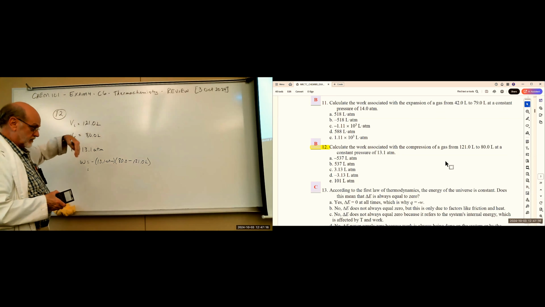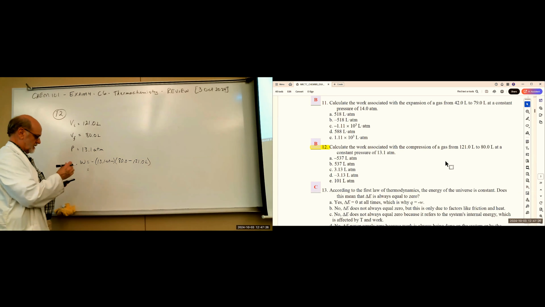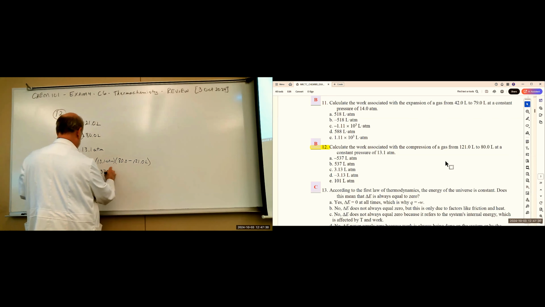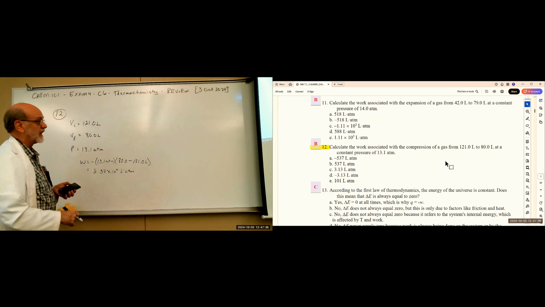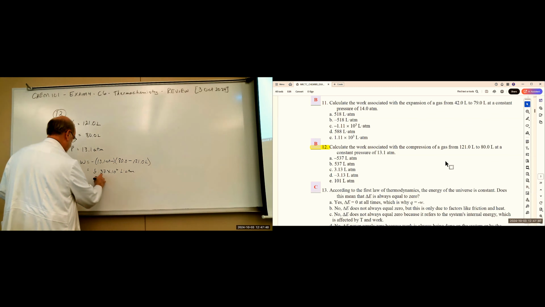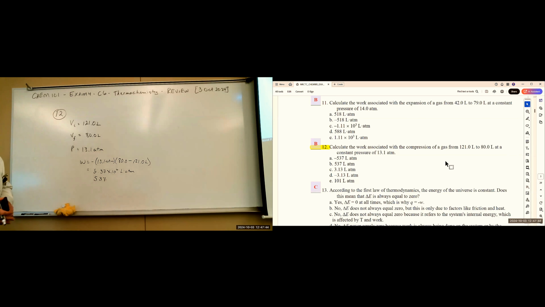Outside, the surroundings are doing work on the gas. 80, 121, 13.1 is 5.37 times 10 squared liter atmospheres. And let's see, we're in standard notation. So it'd be 537 liter atmospheres. That would be B.